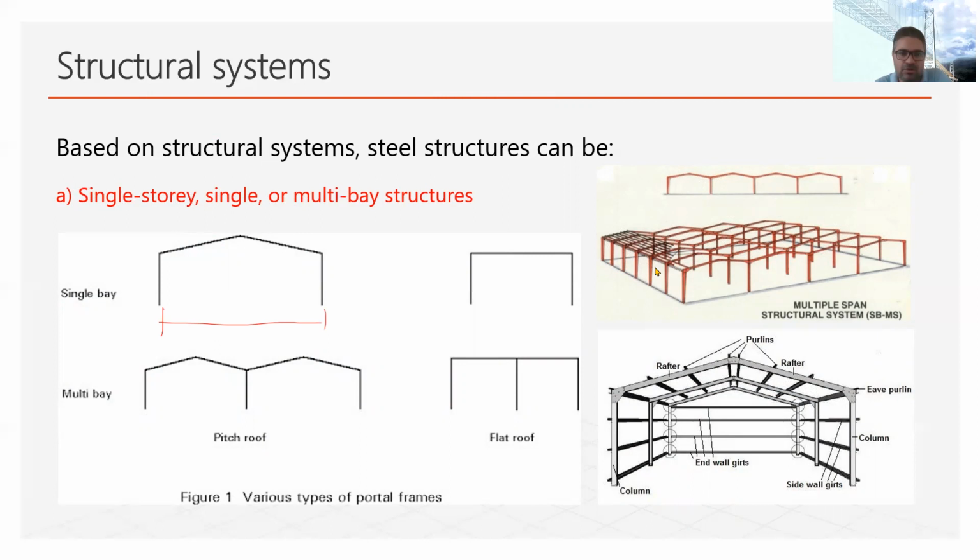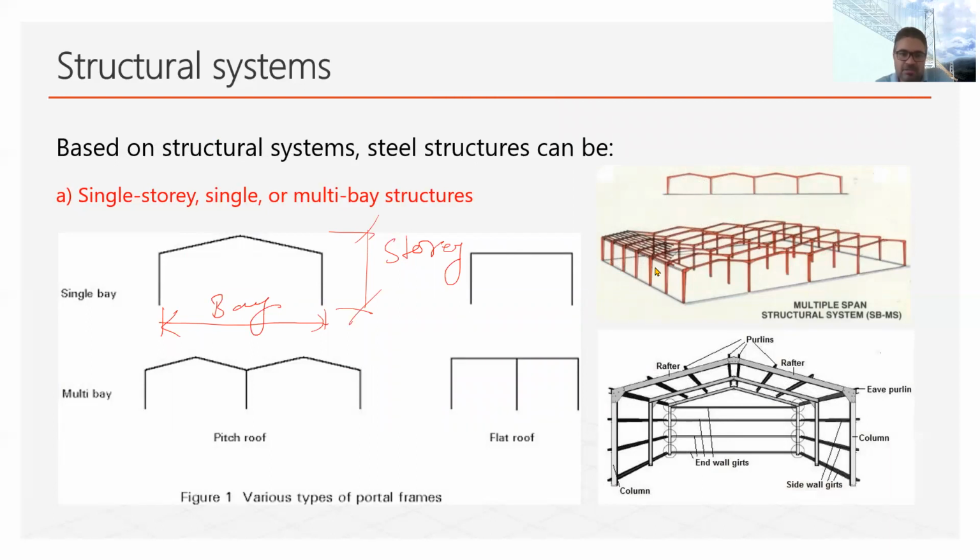This one is called one bay, and this one is called one story. So this is a single bay and single story system. Similarly, here this is a multi bay but single story system.